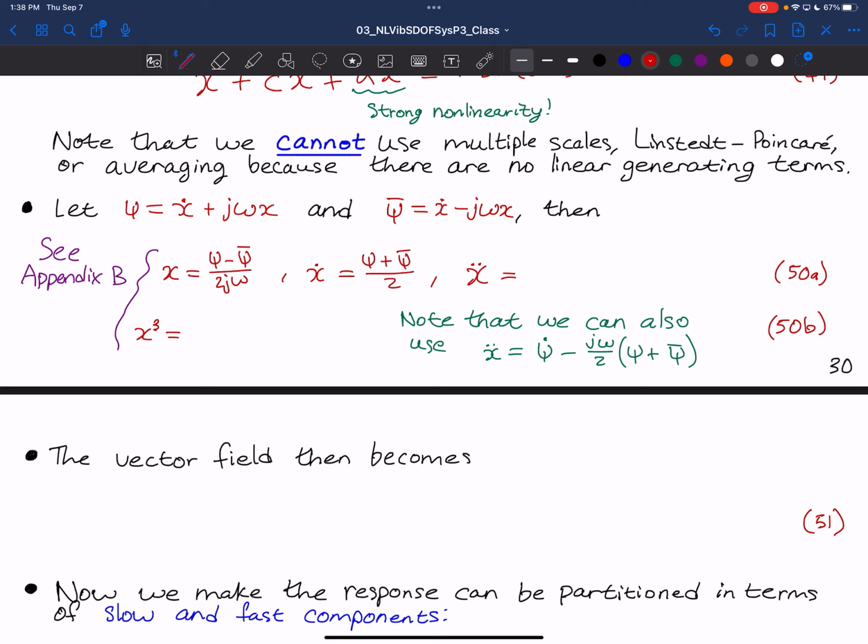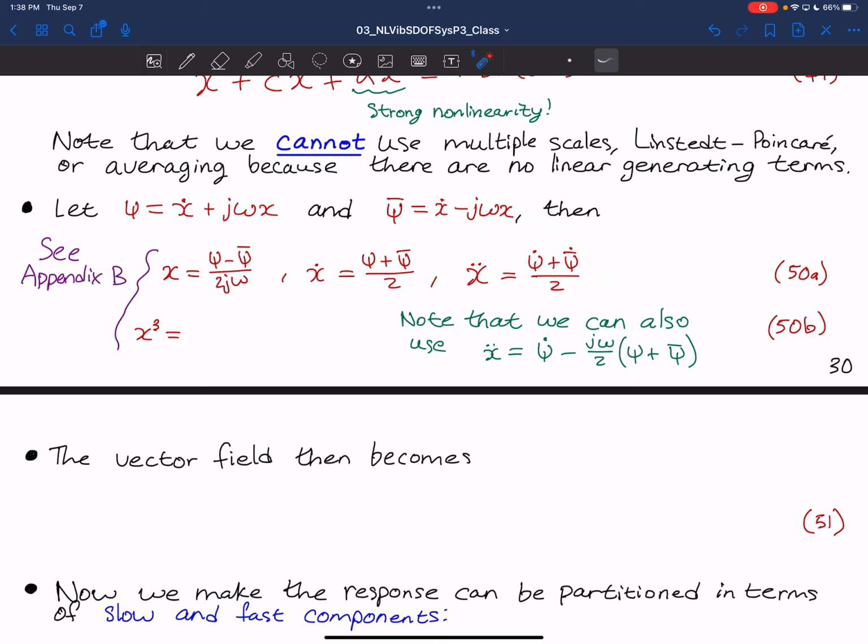X double dot is equal to psi dot plus psi over bar dot over 2. I've just taken a time derivative of x dot here. In green, you can also use another definition for x double dot. You will see this definition a lot when you read about this method. In fact, I don't think anyone ever uses the one that I've put up here. But in the end, the results are the same.